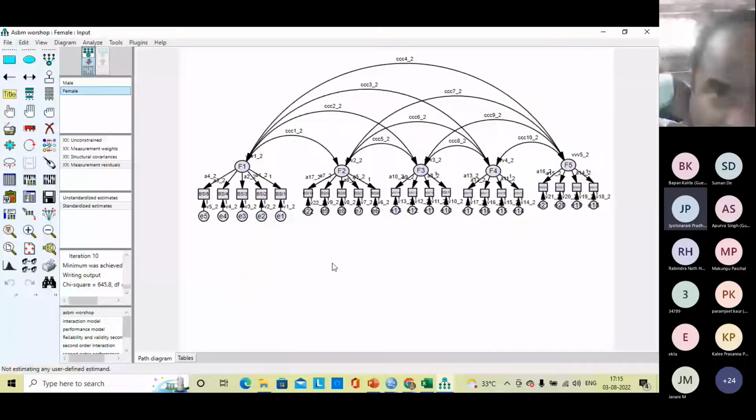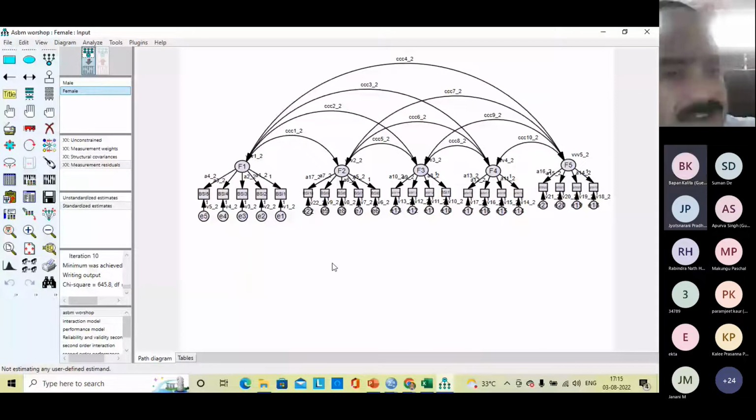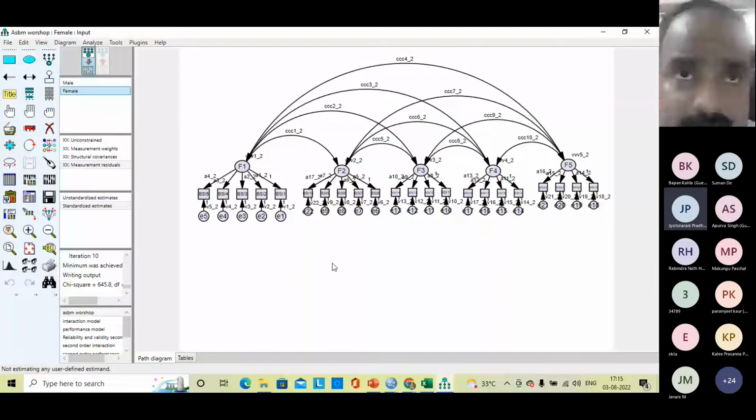So now this much we have done, and we have given the information to AMOS. These are all the constraints based upon which we will measure. Repeatedly I am using the word constraint. That means giving a constraint, we are comparing with the unconstrained value. I repeat, we will force a constraint and compare with the unconstrained value.